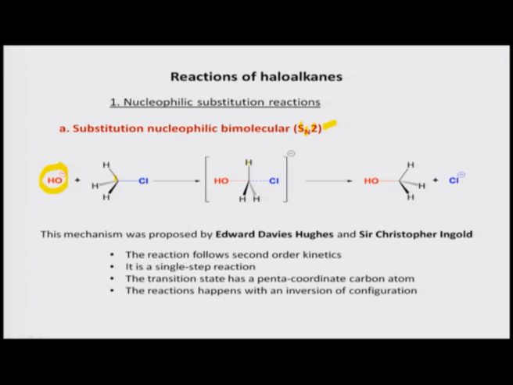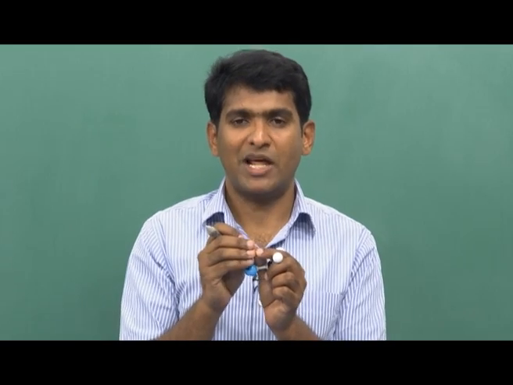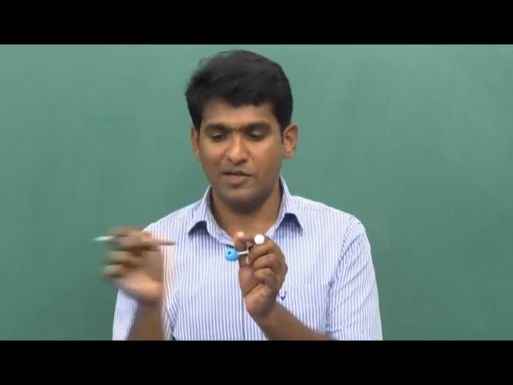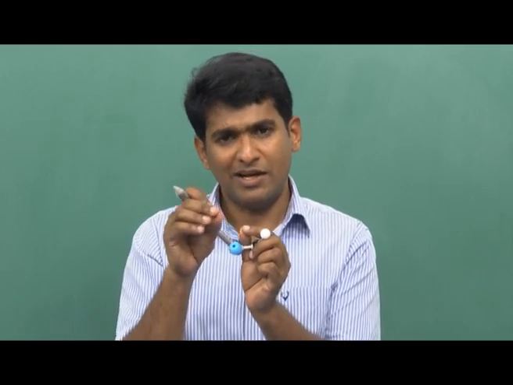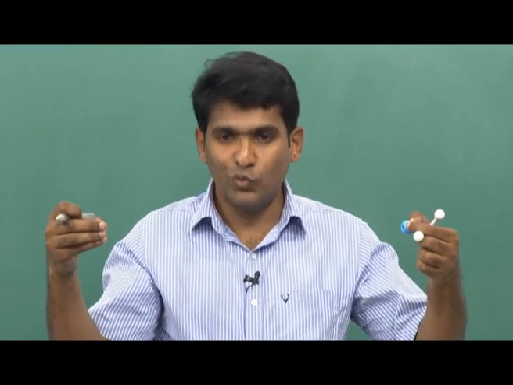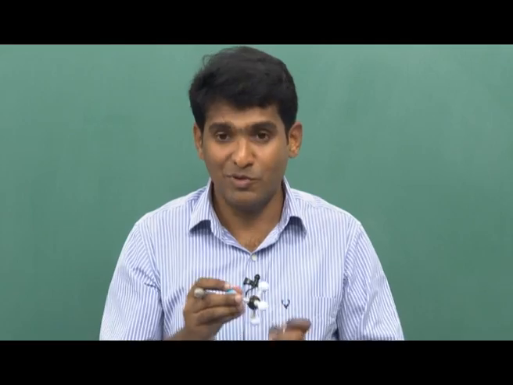If you look at the screen again, you will see a planar species where there is 1 carbon atom and 3 hydrogen atoms attached. You could also assume that this carbon atom is sp2 hybridized with 3 hydrogen atoms in one plane, and there is a p orbital. Let us assume that the nucleophile and the halogen atom are bonded to the 2 lobes of the p orbital. That is how this transition state has to be viewed.